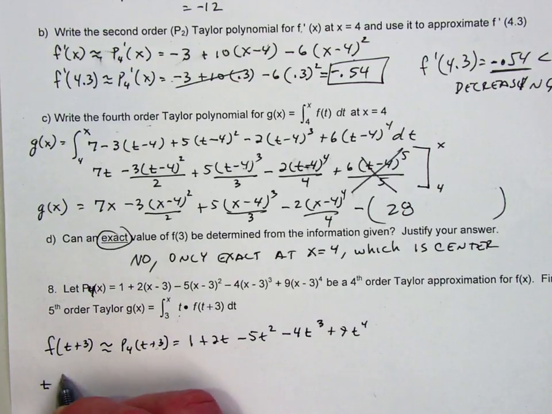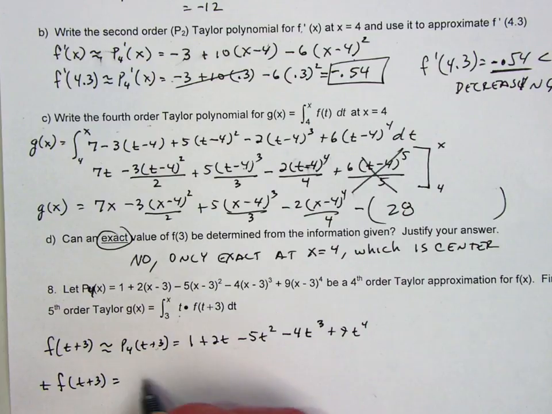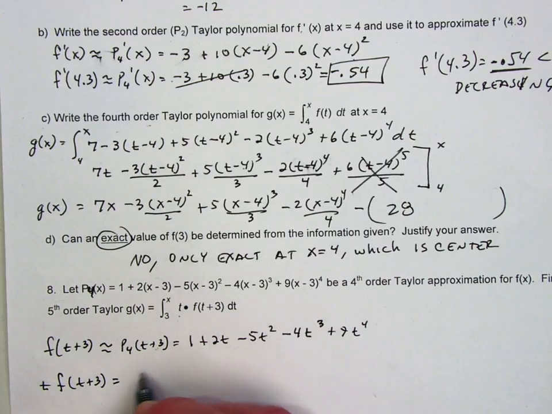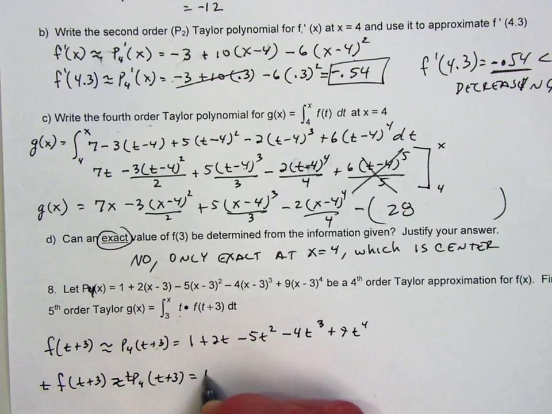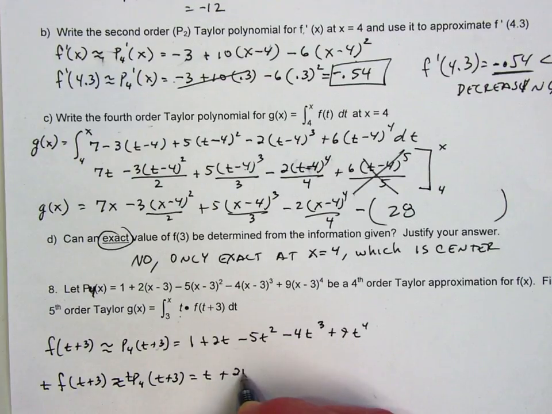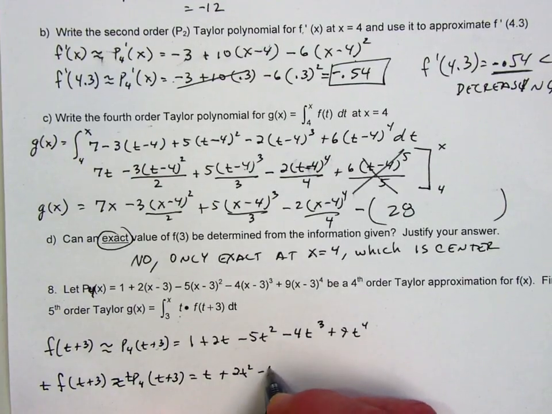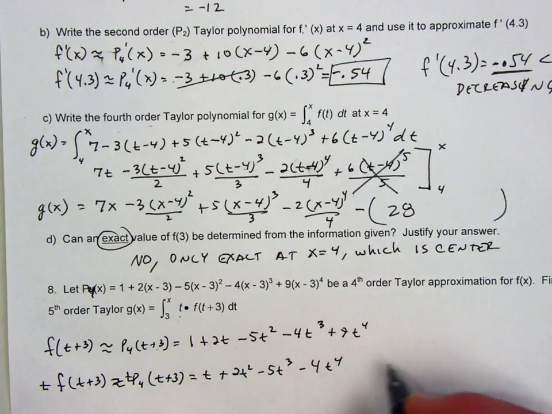So t f of t plus 3, I'm just going to multiply each term by t. So we're going to say that's approximately equal to t times that. So I get t plus 2t^2 minus 5t^3 minus 4t^4 plus 9t^5.